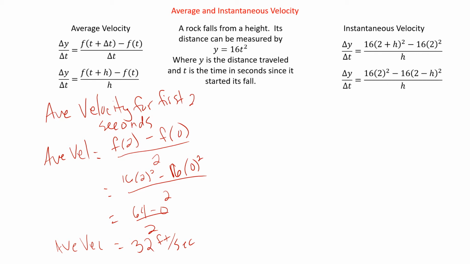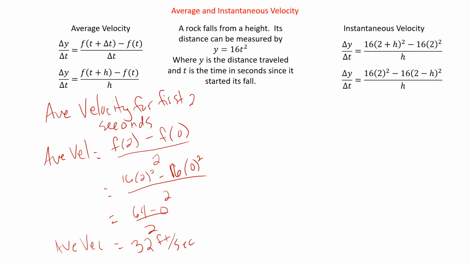And this one's from just under 2 seconds to 2 seconds. So we can look at an average velocity right above and an average velocity right below the time in question. And that should give us bounds for the instantaneous velocity. Like, what would it be at that point?